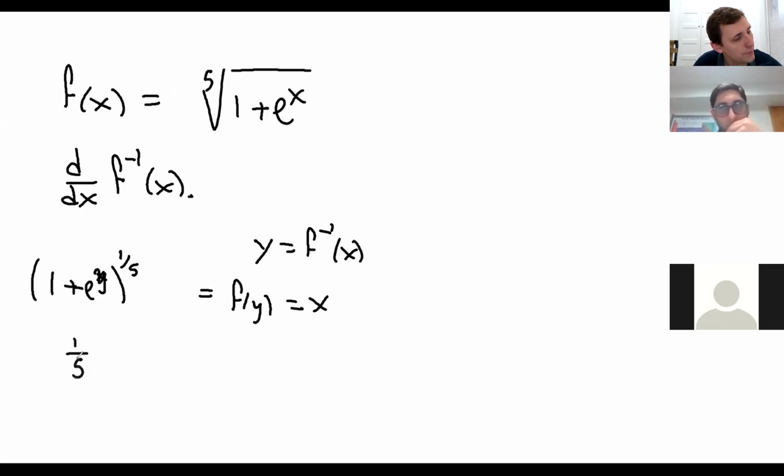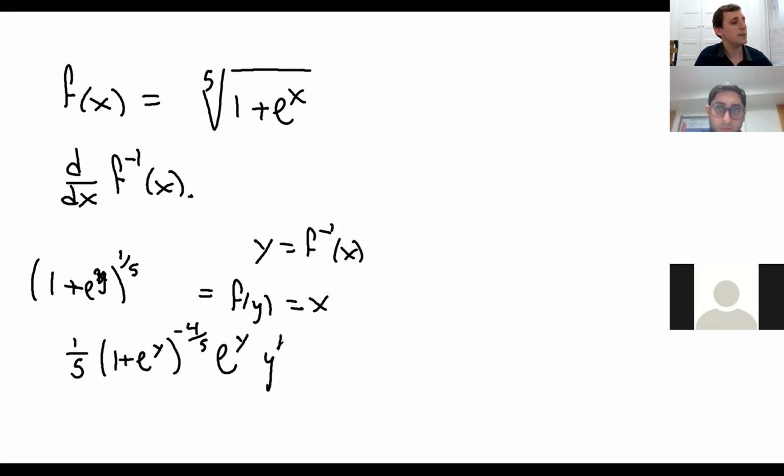It's 1/5, 1 plus e to the y to the power of minus 4/5 times the derivative of the inside, e to the y, times y prime. And that's supposed to equal 1. I multiply by 5 and by 1 plus e to the y to the power of 4/5.